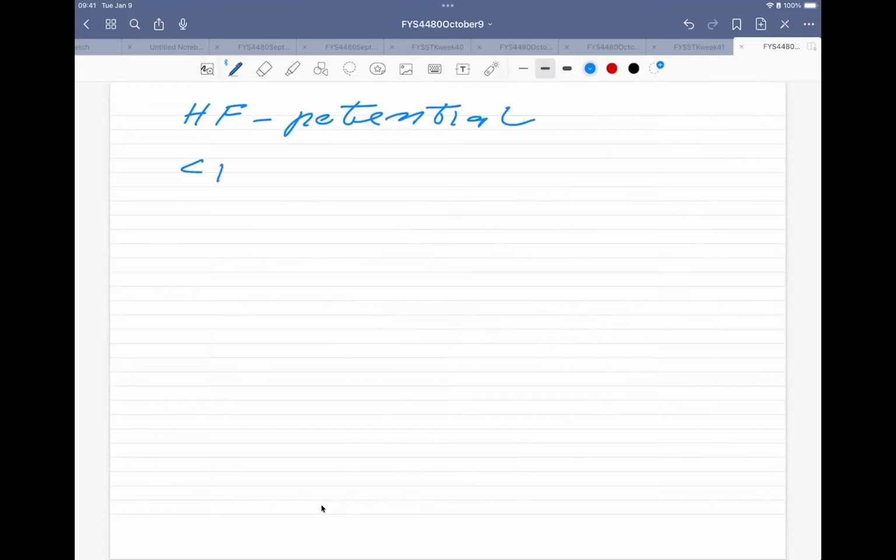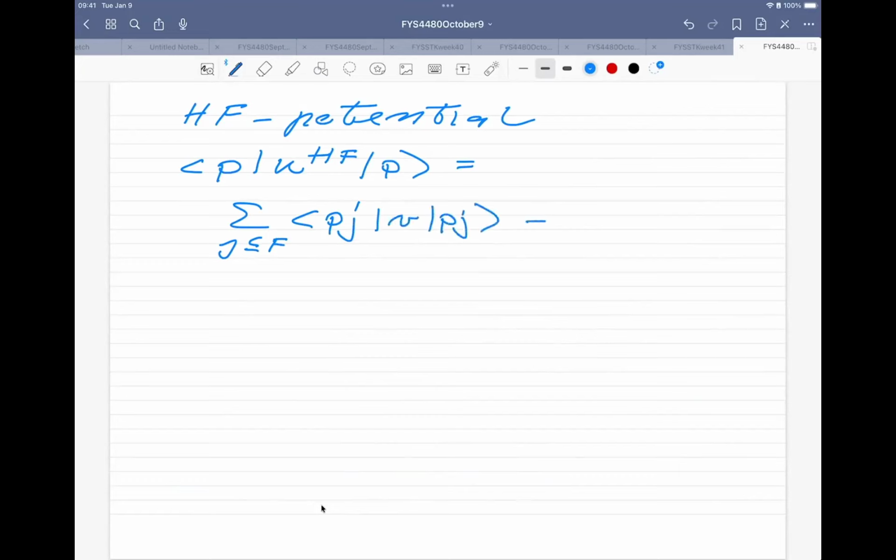So what we want to calculate is <p|U_HF|p>, and this is equal to a sum over all the states below the Fermi level, and then we have <pj|V|pj>, the interaction, minus, and then we have a J, so this is the exchange term, so this is now given by some <pj|V|jp>. So that's the Hartree-Fock potential, which we are going to set up.